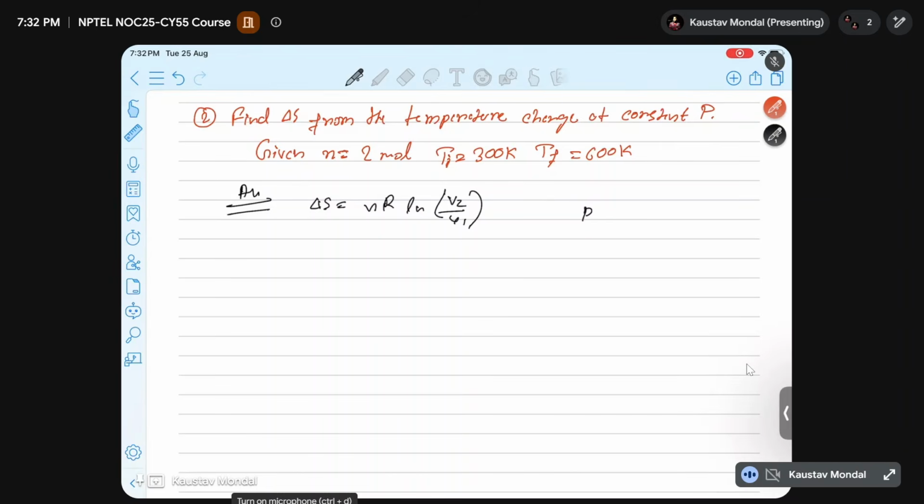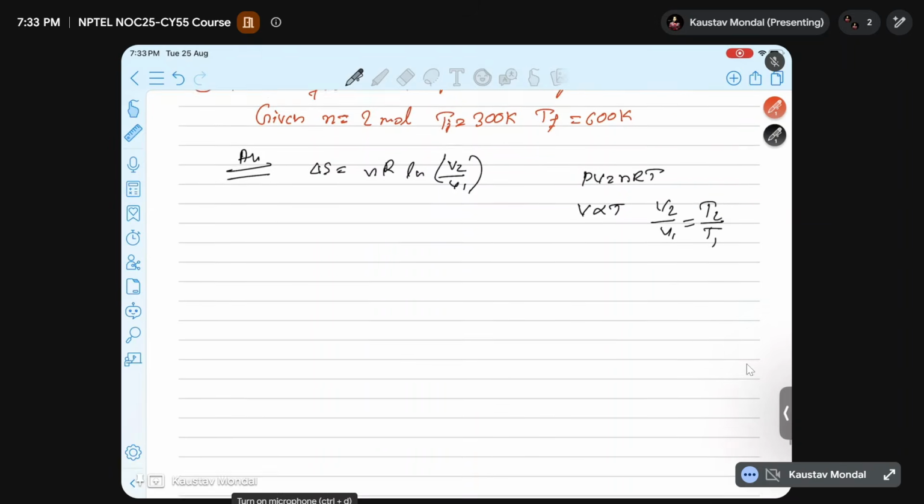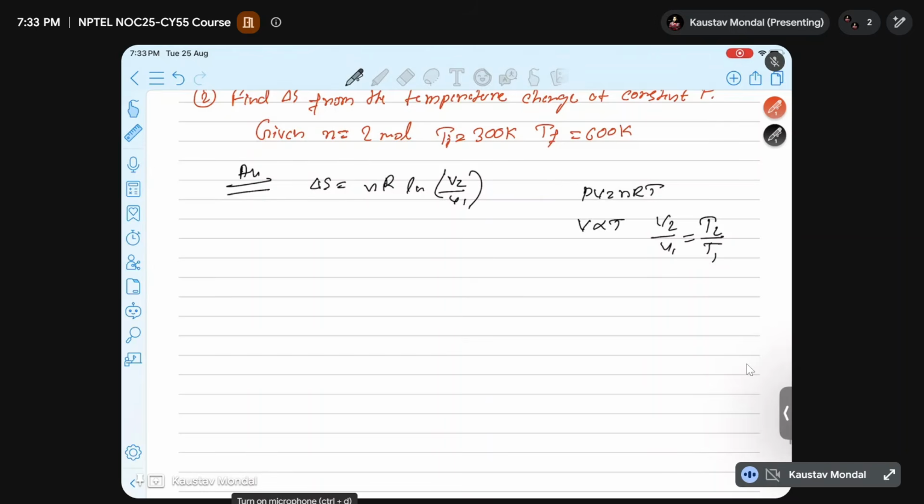So PV equal to nRT, right? So V is proportional to T, so that means V2 by V1 is equal to T2 by T1. Okay, at constant pressure, obviously.